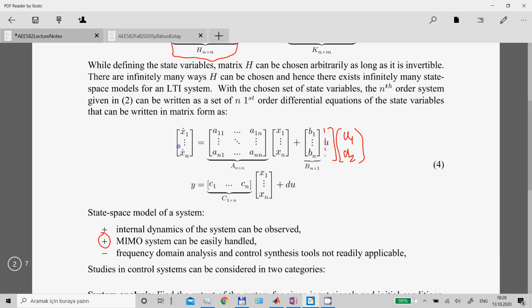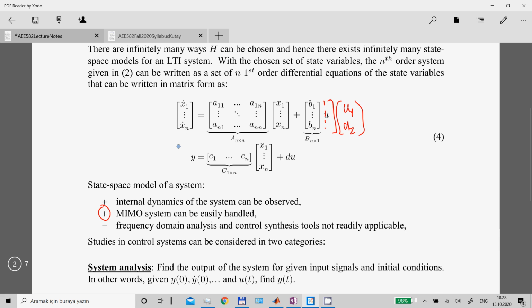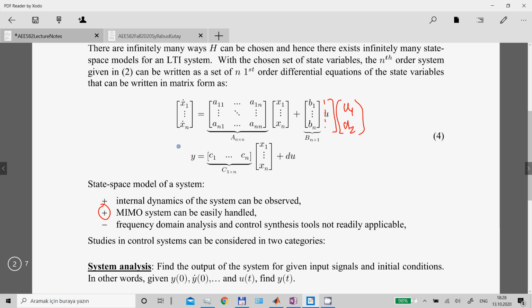Okay, but then the state space representation also has a drawback, which is that the nice frequency domain tools that we have for transfer functions are not applicable for state space models. So you cannot really do things like root locus or the frequency domain compensator design methods.